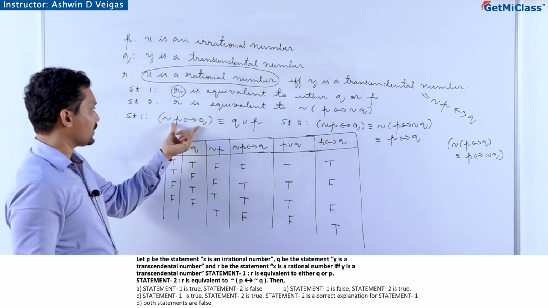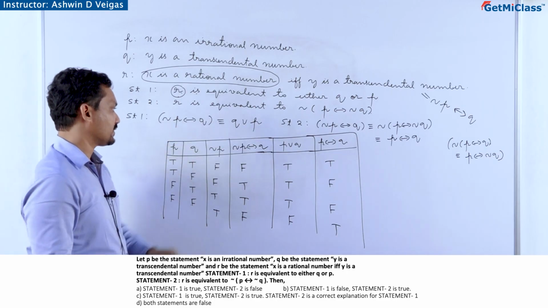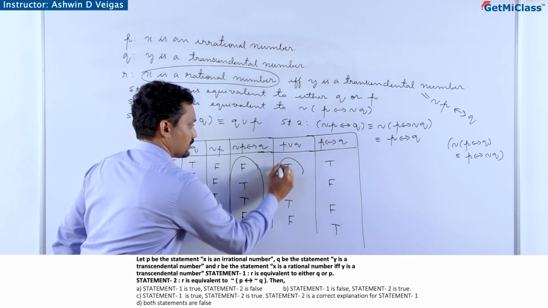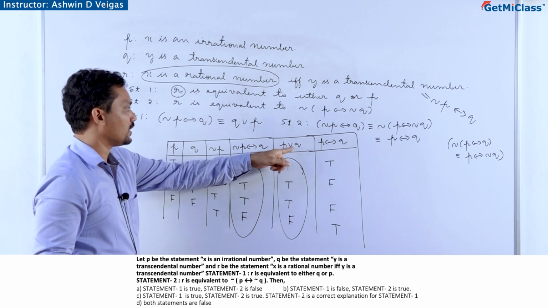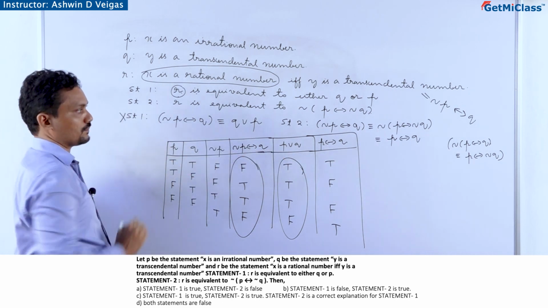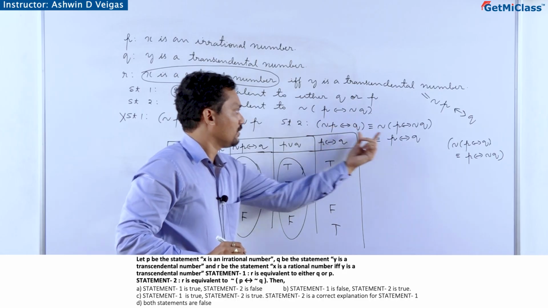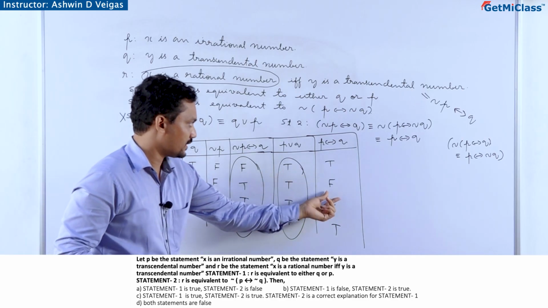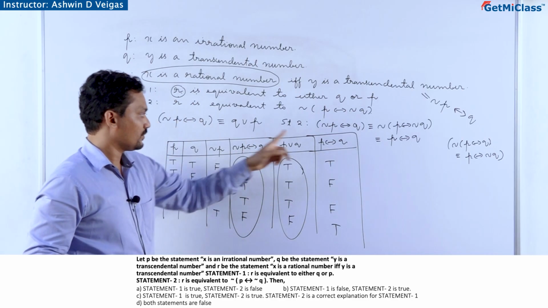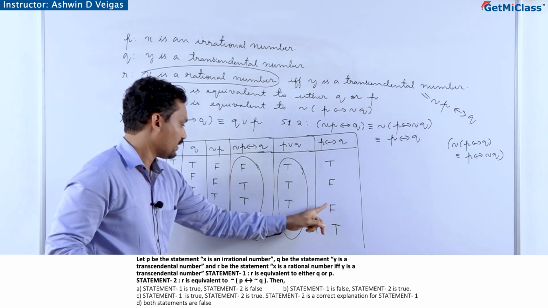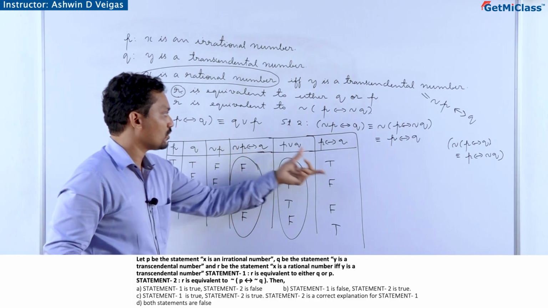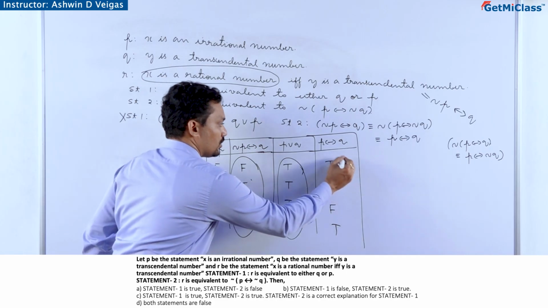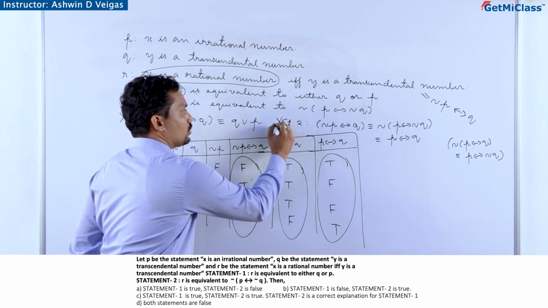Now, if you compare this table, this is not equal to this. That means this statement is not equal to this, so statement 1 is wrong. Now, again if you compare this table with this, this is also not equal to this. In fact, this table and this table are negations of each other. Where there is F, you find T: T, F, T, F, F, T. So, this table is not equal to this, that means this statement is not equal to this. That means even statement 2 is wrong.